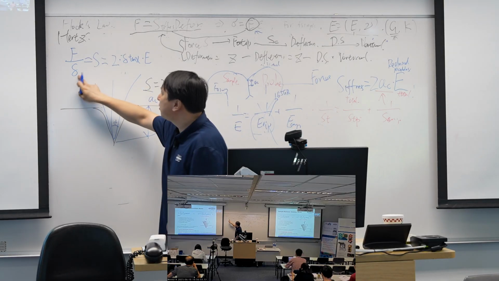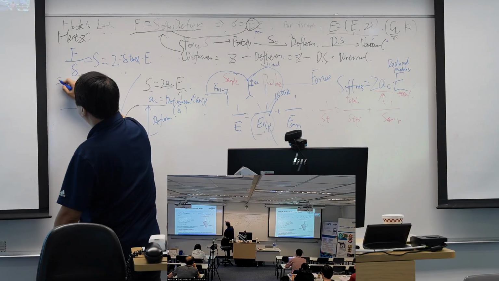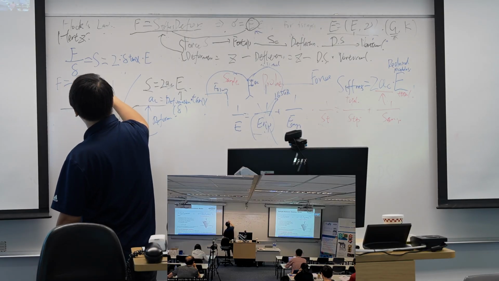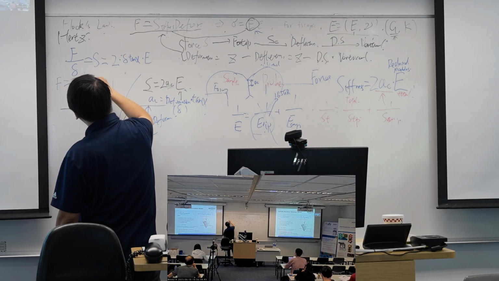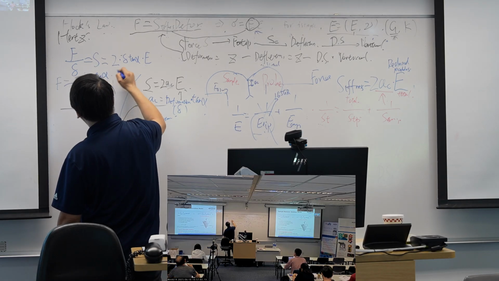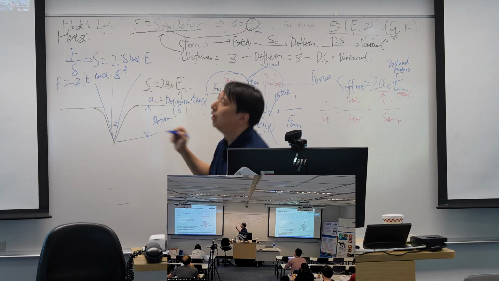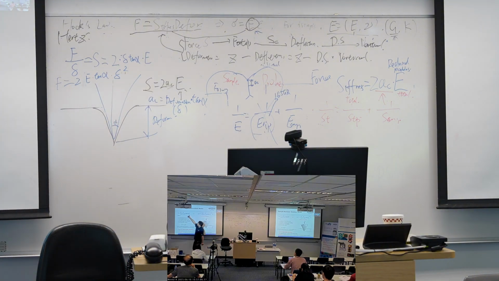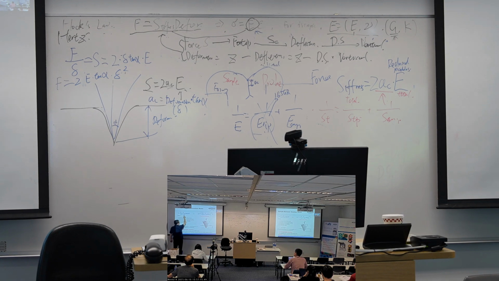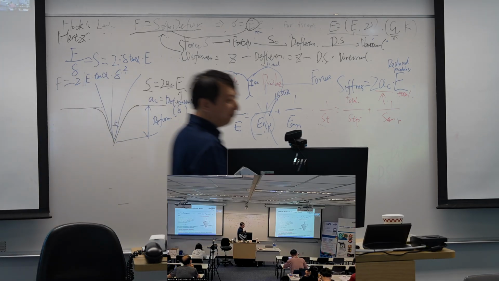So he puts this delta on the right side: the force equals 2 E times tangent alpha times delta square. So he gets something like this. The coefficients are due to the geometry we jumped over, but the point is the force is proportional to the delta square. That's the Sneddon model. That's the typical Sneddon model. Okay.